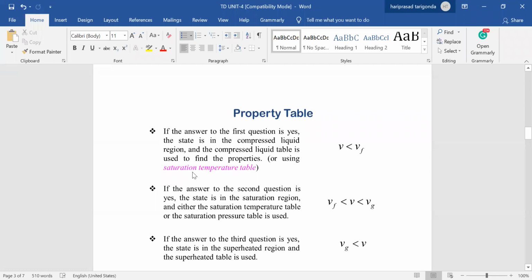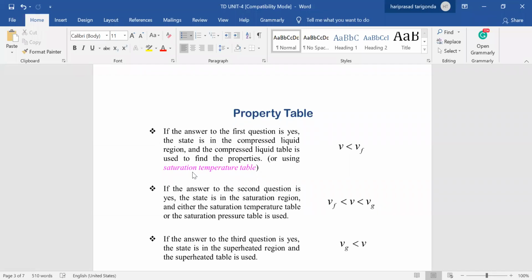Next one is properties of steam. In order to solve problems on pure substances, the properties will be available in the steam tables. In steam tables, you will have the properties of steam at different conditions.